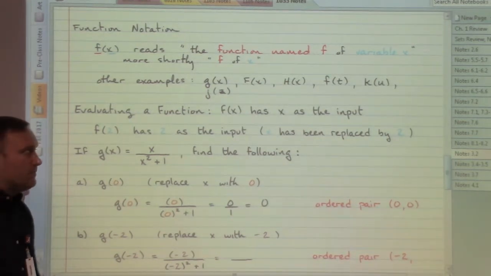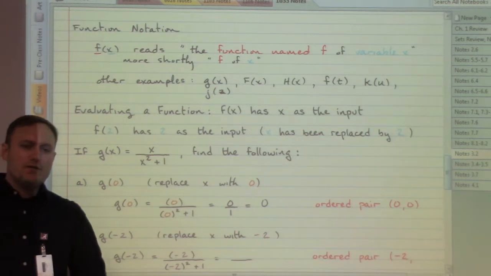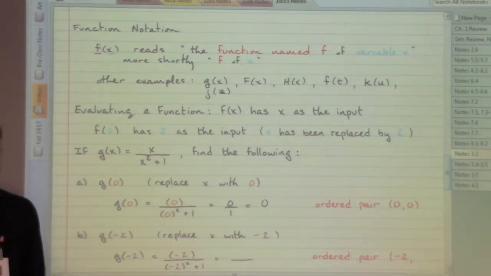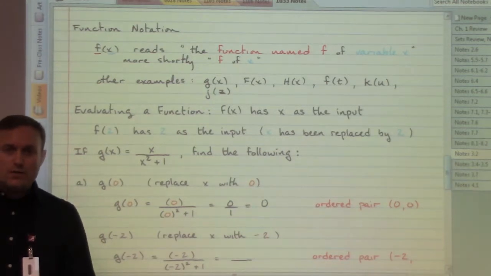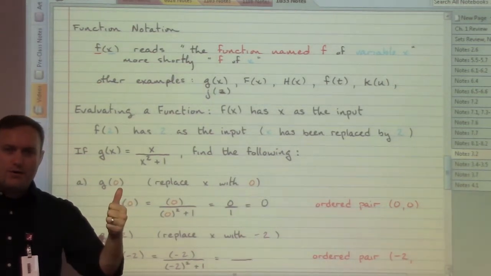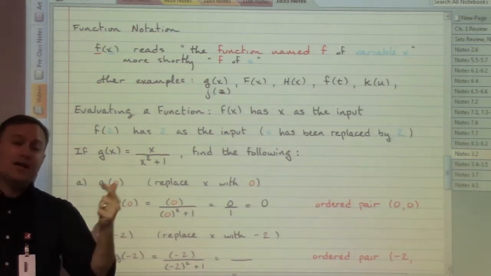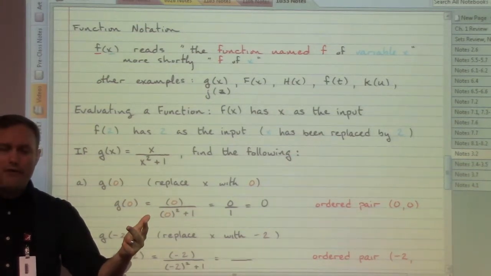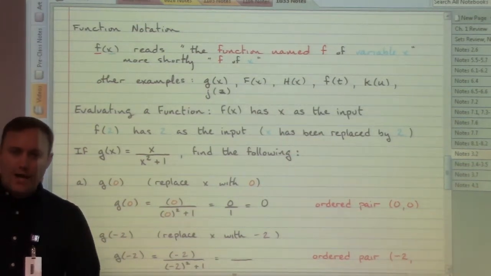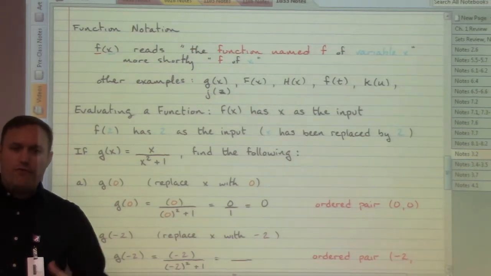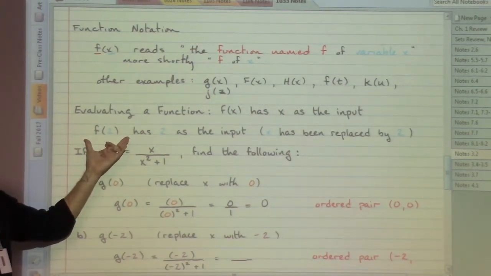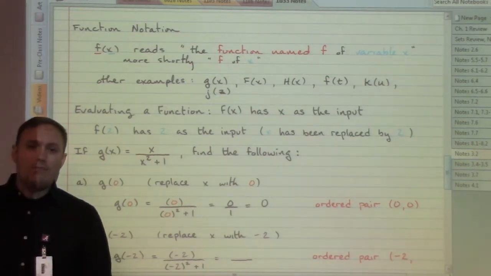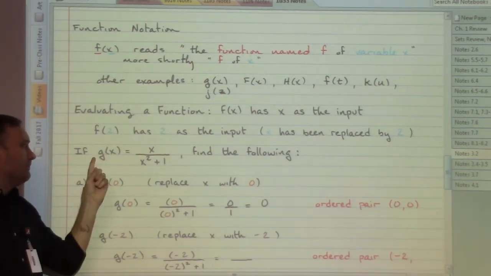Now, we would want to be able to evaluate functions, and this brings up the other option that we have for having a relationship given to us. Not just a list of pairs, not just a table, not just a drawing, aka graph, but they could also give us an equation that has two different variables in it. And if they use the function notation, then that means that they're already telling me right off the bat that I have a function.